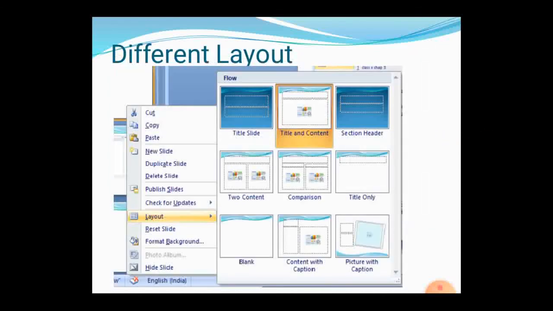There are different layouts. In order to open different layouts from the slide pane, we have to right click and select the layout option. Different layouts, or different designs of your slides, will be displayed, and you select depending upon the design you want.